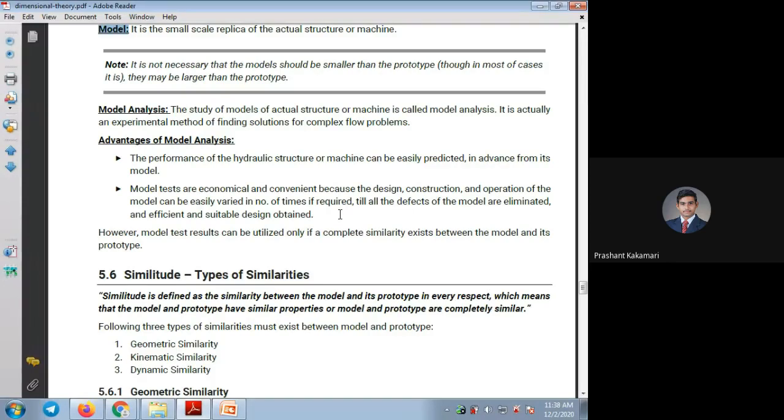Because it is very small, for a model we can go for different conditions and run the experiments in only a small given space. Whatever defects are observed in the model can be overcome directly in the actual model, or else you can change the model itself and again run the machine and check the efficiency and suitability. Then you can go for the actual model building.